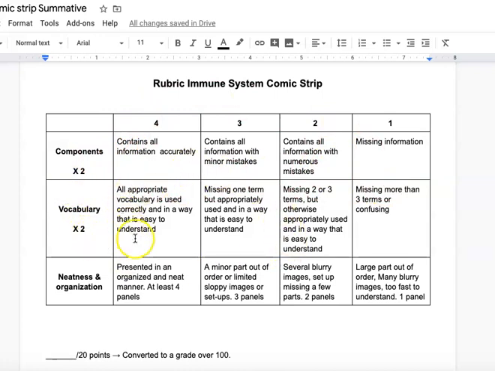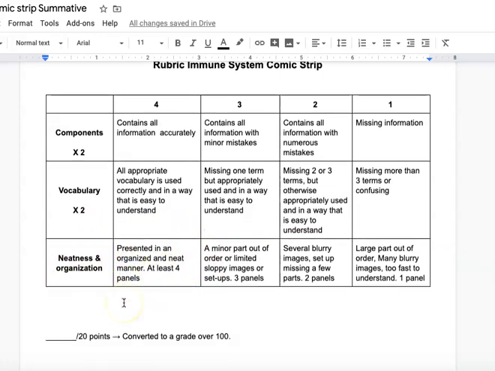You're using all of the vocabulary that I'm showing you above and even more, and it is super easy to understand. And neatness and organization: it is organized, it is neat, it is easy to follow, and it has at least 4 panels. It'll be a grade out of 20, of course, because of 16 and 4 more, but I will convert that into a grade over 100 so that it can be a summative grade.